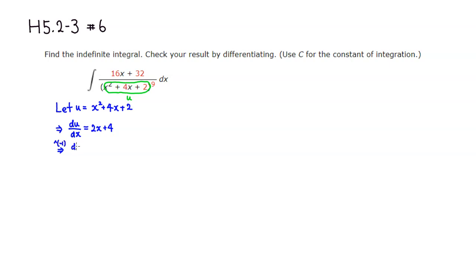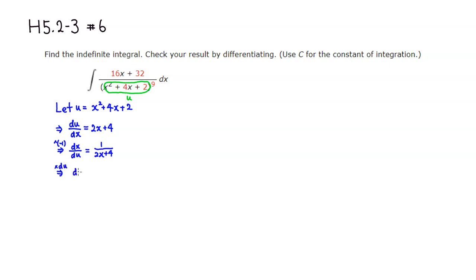So you have dx over du is equal to 1 over 2x plus 4. All right, then we're going to multiply both sides by du.